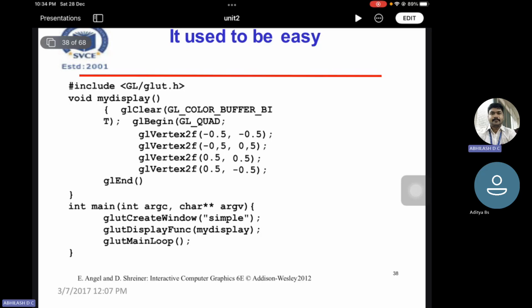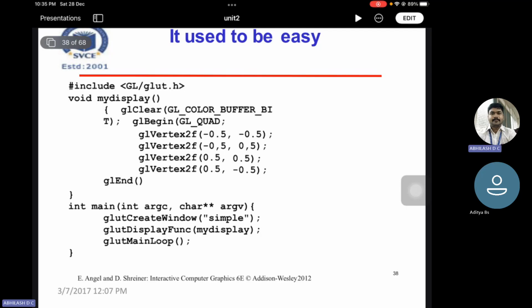So next comes GL begin, GL quad, meaning GL quad refers to drawing a quadrilateral for the points whichever you give. So next, there is GL vertex 2F, minus 0.5 to plus 0.5. Those are the points from where it has to start. So it has to start from minus 0.5 with the x-axis, minus 0.5 with the y-axis. That is the third quadrant.